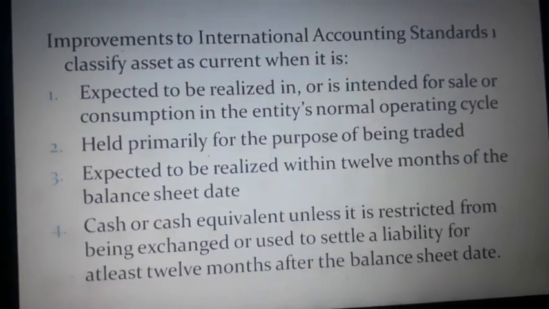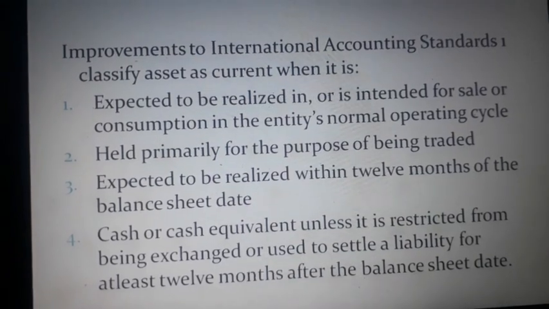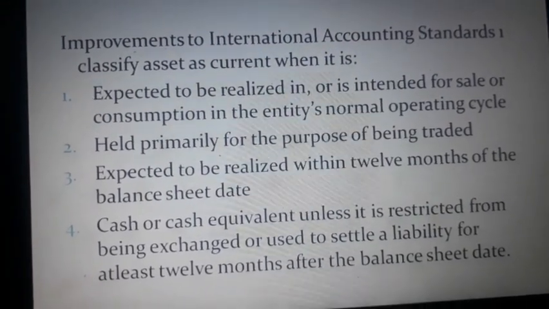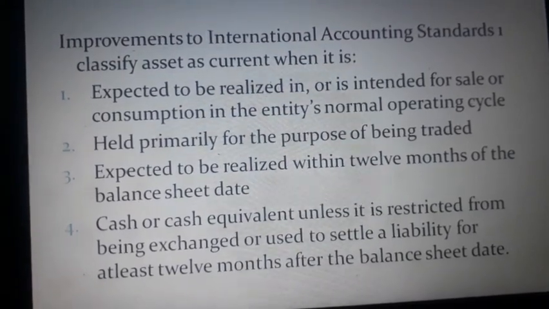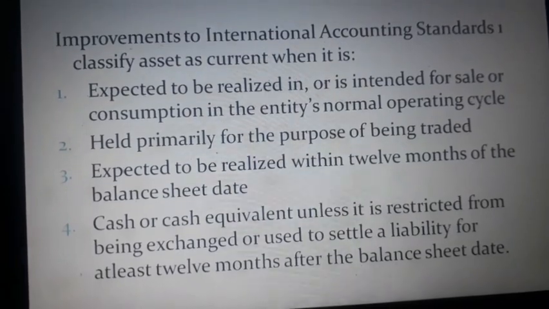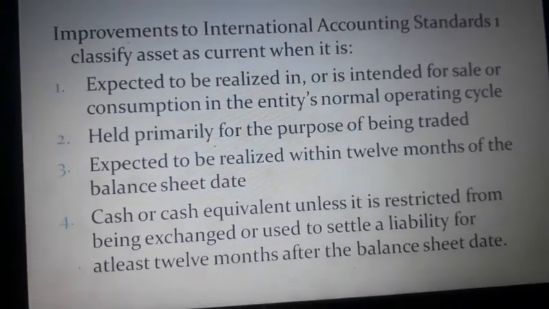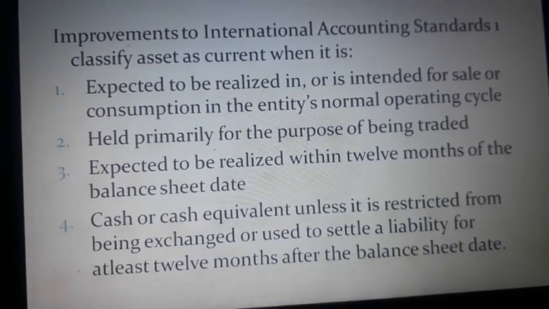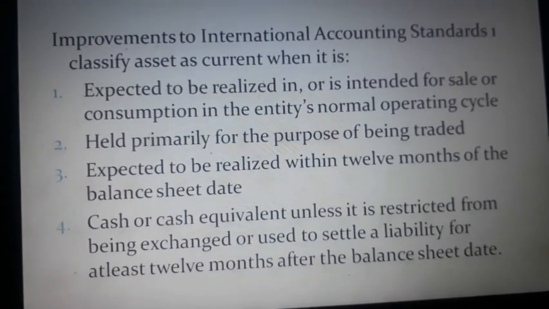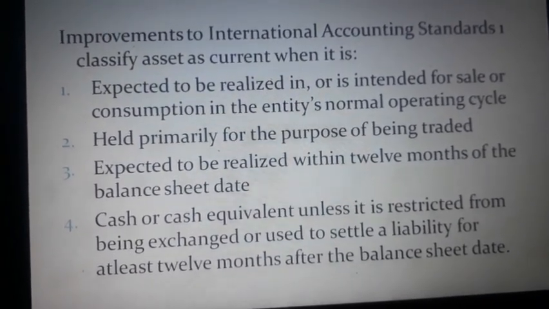Mga besh, we have two classifications of assets. So we have current assets and non-current assets. Uunahin muna natin besh kung ano ang current assets. According to improvements to International Accounting Standards, we classify an asset as current when it is, number 1, expected to be realized in or is intended for sale or consumption in the entity's normal operating cycle.